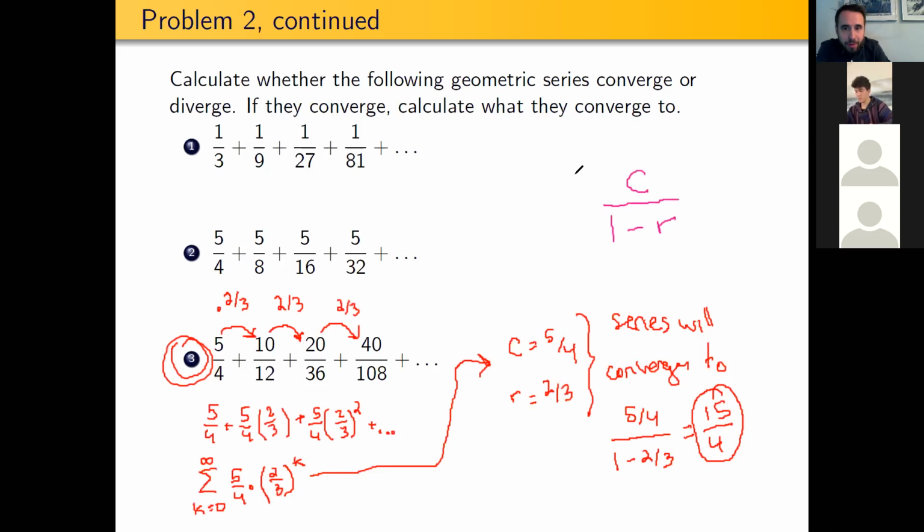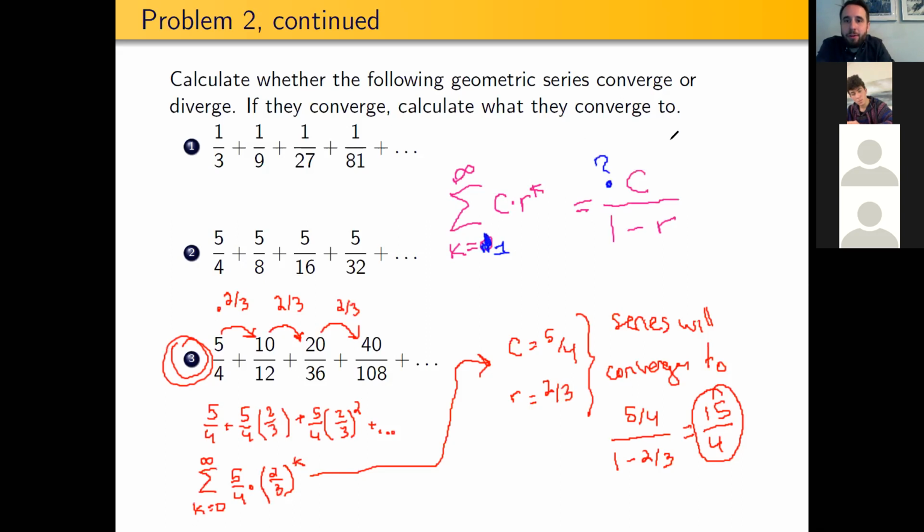This is important because the formula for a geometric series, the formula that we have written here, is specifically for something of the form: the sum starting with K equals 0 to infinity of an expression of the form C times R to the K. As soon as I start messing around with that, say if I plug in K equals 1 instead, that's going to change the formula.